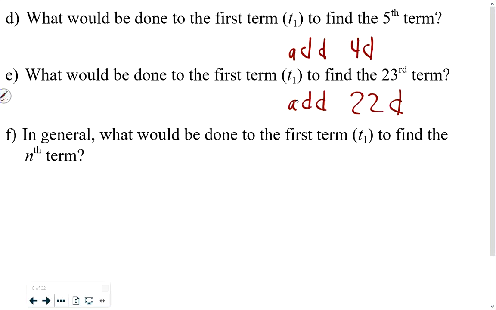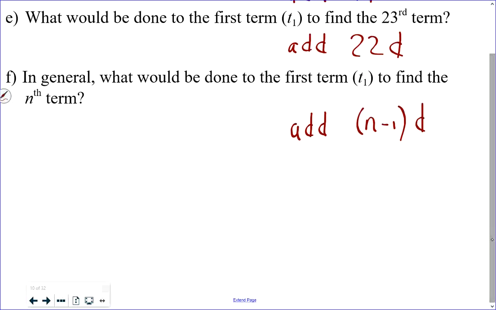So what would be done to the first term to get the nth term? Well, you would add n minus 1 common differences. So before I get to the denouement or the culmination of this, I want you to understand what we're saying so far. And you don't need to write this down if you don't want to. I'm saying that if you want to find the second term, you take the first term and you add 2 minus 1 common differences.